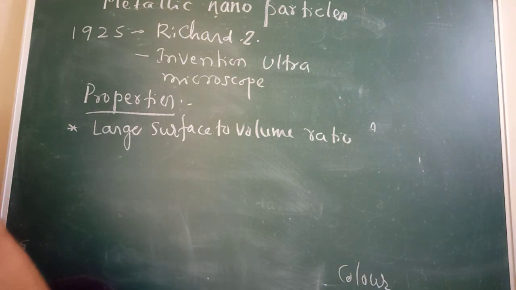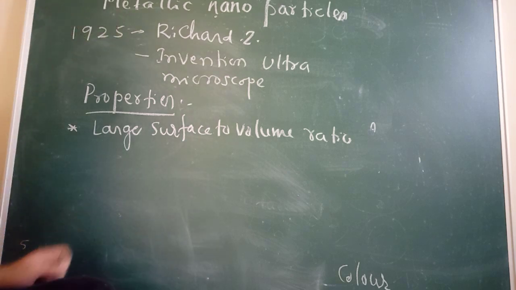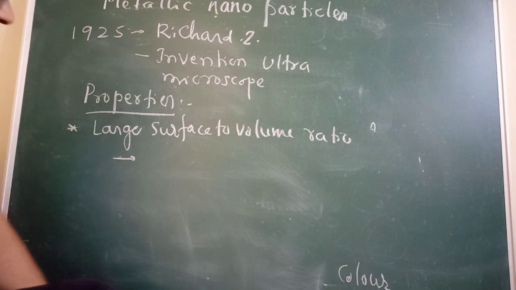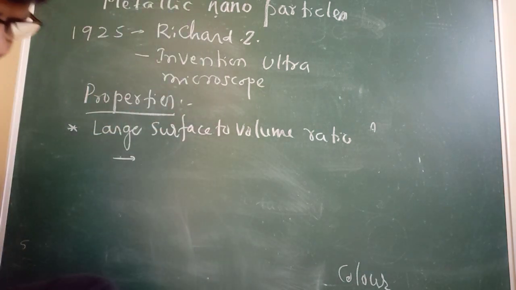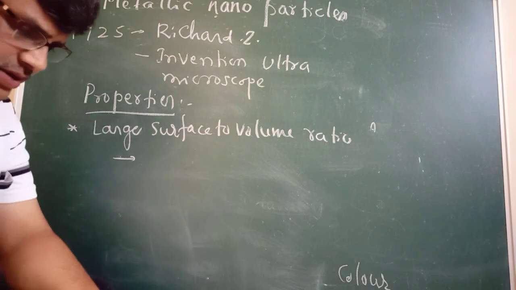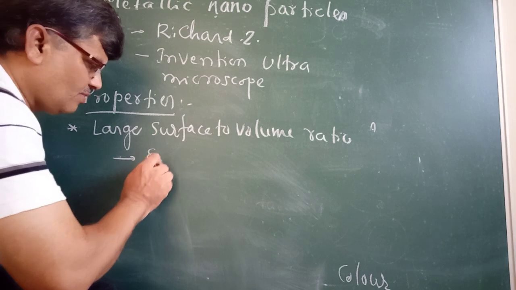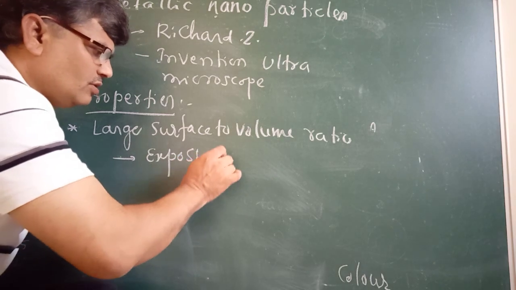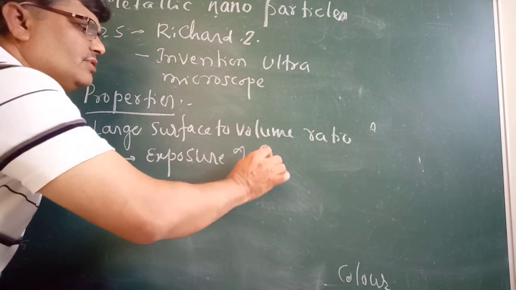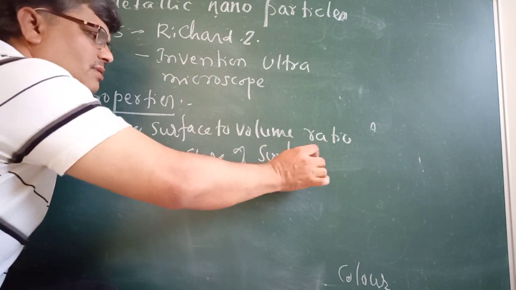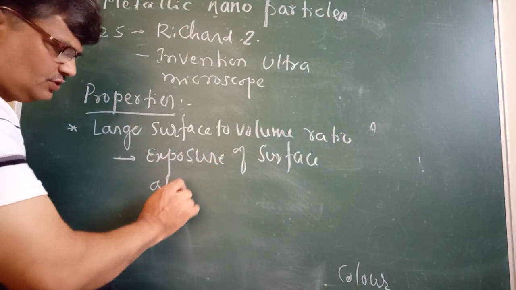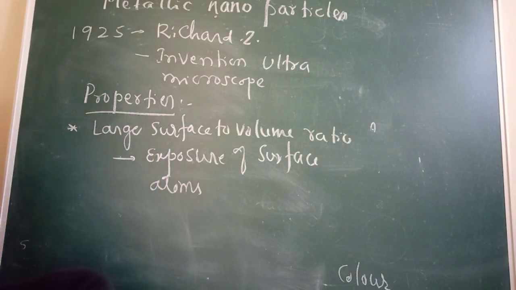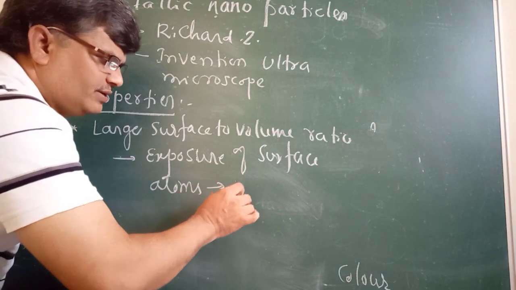The large surface to volume ratio enables exposure of surface atoms, and this in turn reduces the melting point.